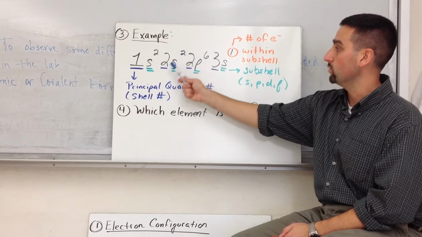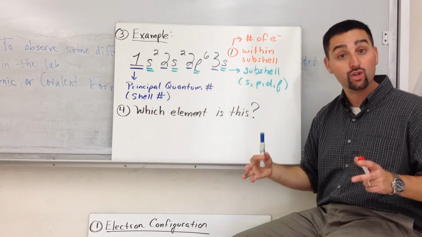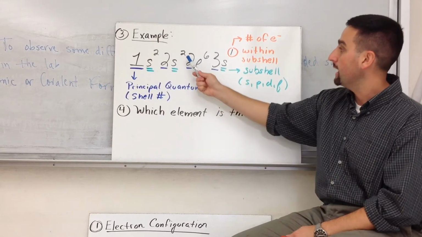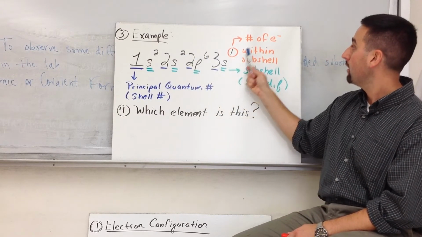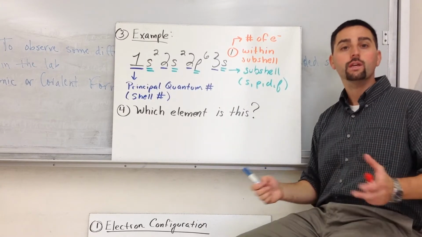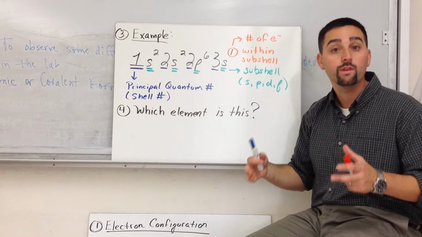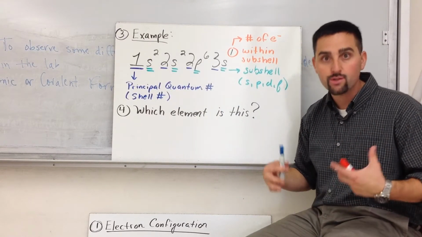2s2, second shell, 2s is a subshell within the second level, and these exponents are the number of electrons within that subshell. So think of it as a book with various chapters within it, and within those chapters, there's sentences.